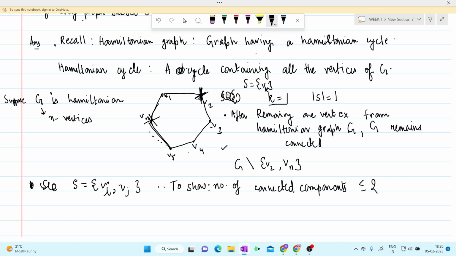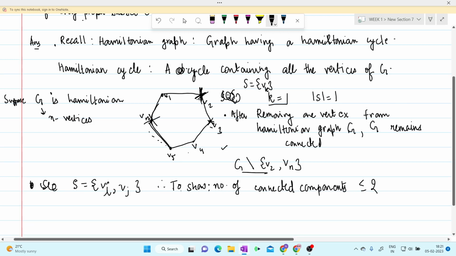And if I remove V2 and V3 instead of V2 and Vn, then we have just one connected component, right? So if we are removing two vertices, we either have one component or two components. So this is true for removing two vertices also.